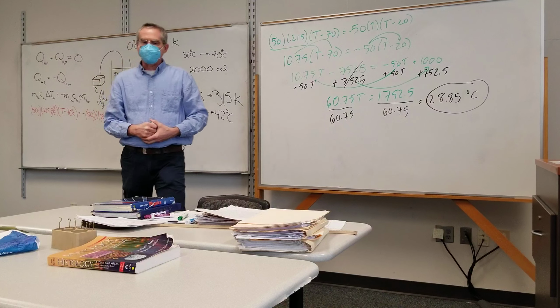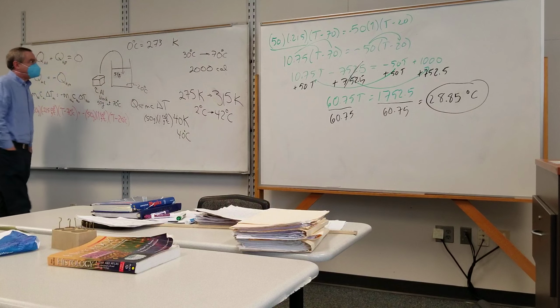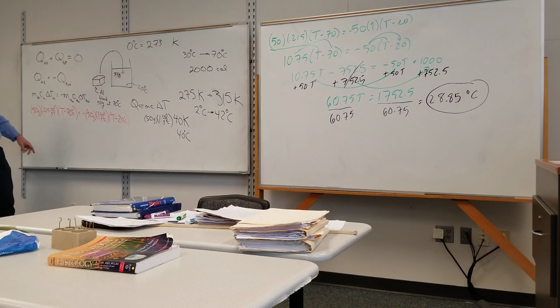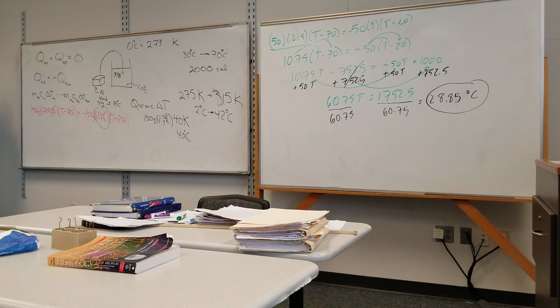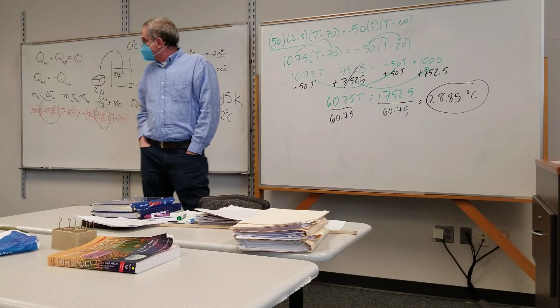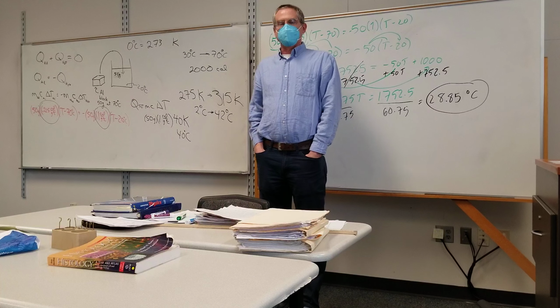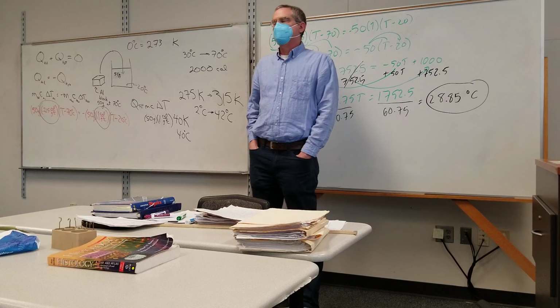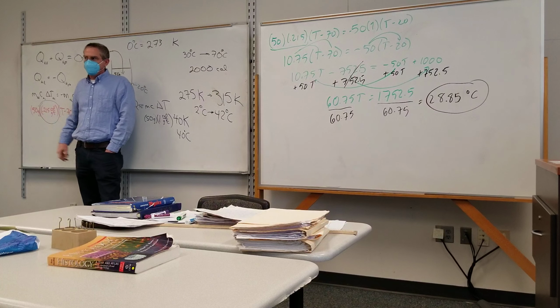All right, so let's talk about if this answer makes any sense whatsoever. Let's look at our specific heats. Specific heat of water, 1 calorie per gram degree Celsius. Here, I got 0.215 calories per gram degree Celsius. So aluminum, water. Which one is easier to change the temperature of? Aluminum. Yeah, the smaller this number is, the easier it is to change.